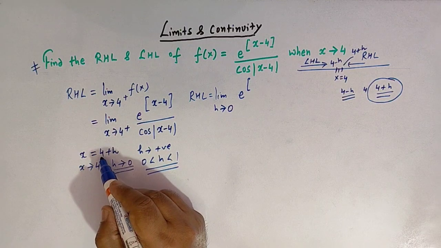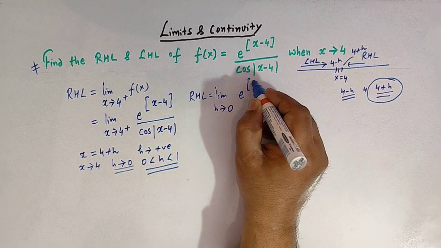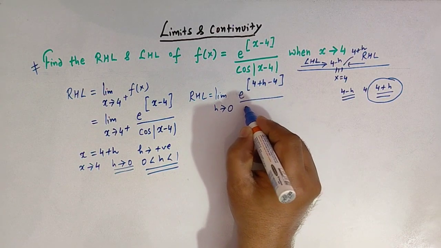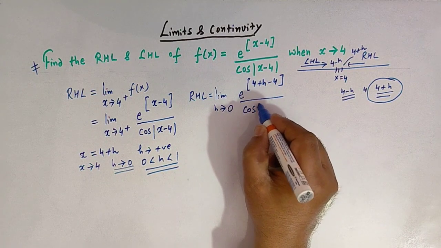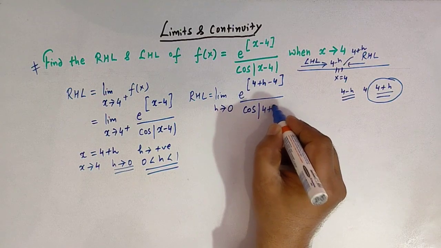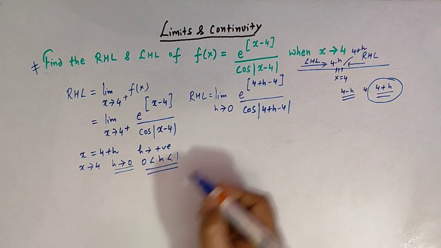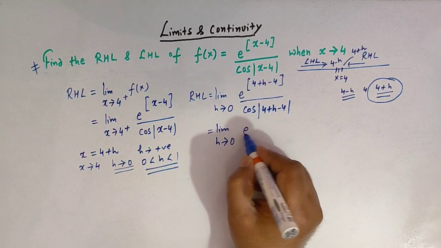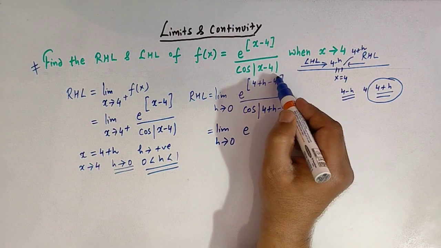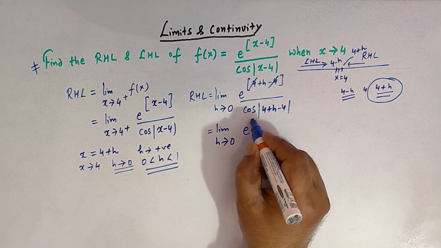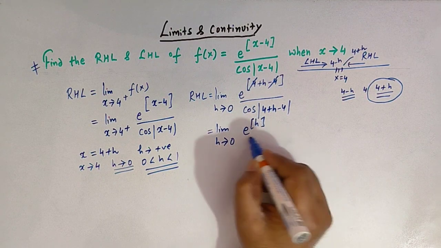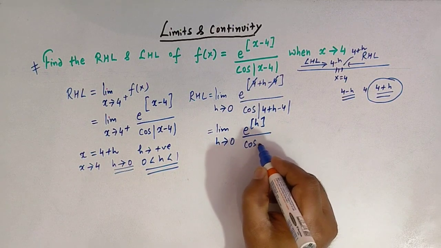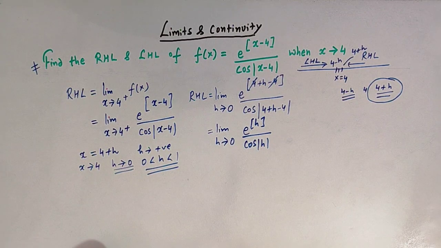So for x we can now write 4 plus h, and here we have minus 4, and in the denominator we have cosine of 4 plus h minus 4, right? Now let us simplify this expression. So we have limit h tends to 0, and this 4 and this 4 get cancelled, and we are left with greatest integer of h, and here we have cosine of mod of h, right?